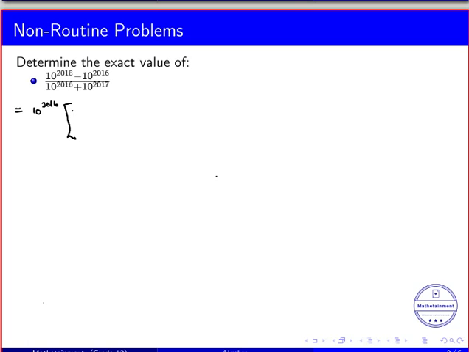So you are now left with 10^2018 divided by your common factor, which is 10^2016, minus 10^2016 divided by your common factor, which is 10^2016. You close your bracket. All over.